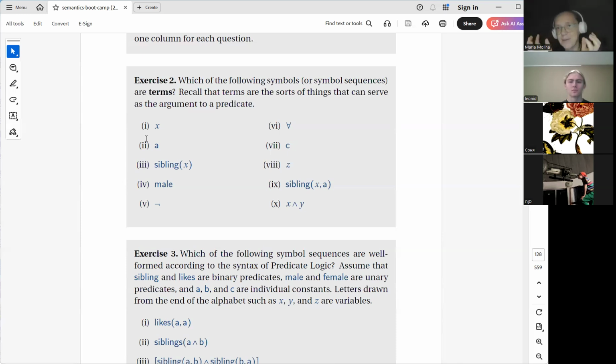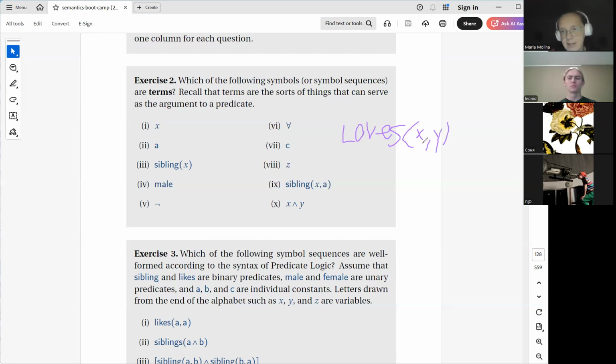Right. Imagine a predicate. Let's say predicate loves. It's a binary predicate. So it takes some person who is the subject of this love, and it takes some object that is the object of this love.